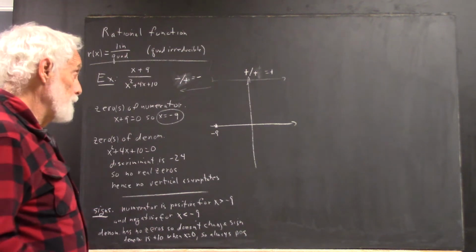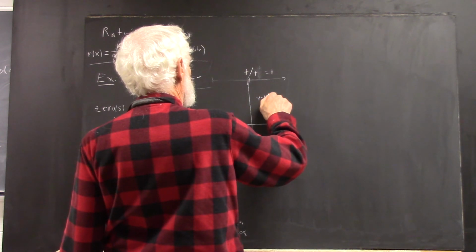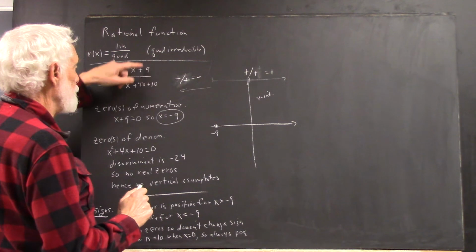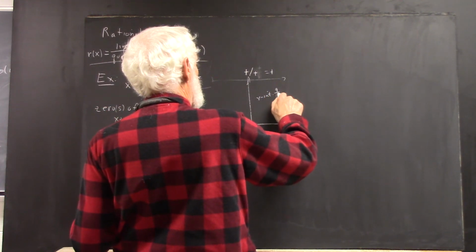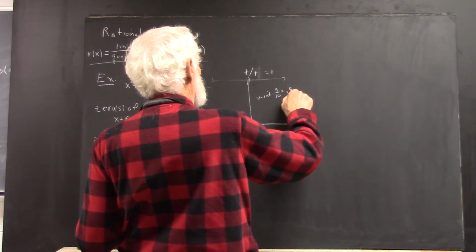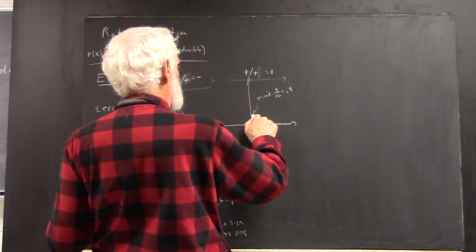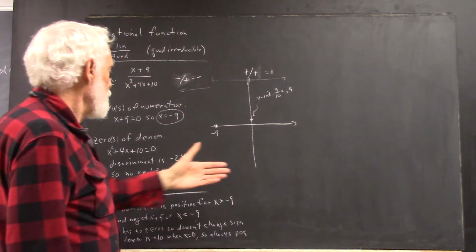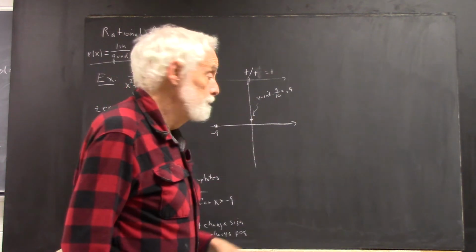The y-intercept is, well, when x is 0, you get 9 over 10. If you really like decimals, we can say that's 0.9. So let's just say that's here. So it's got to be negative over here, positive over here.